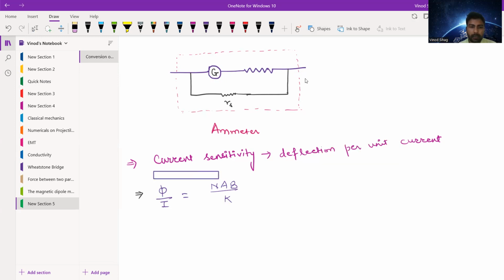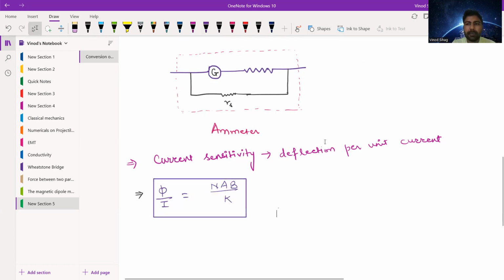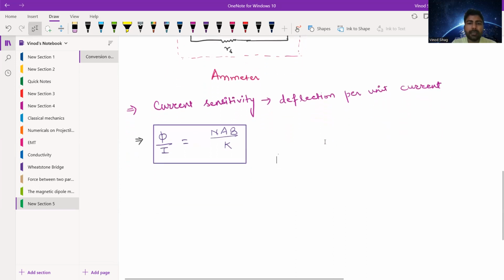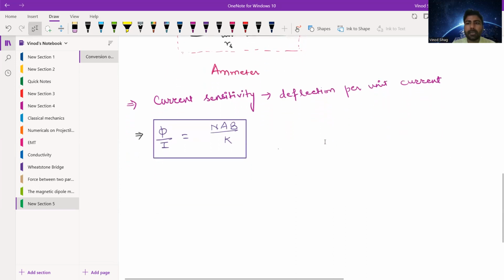While manufacturing this galvanometer as an ammeter, the manufacturer will decide that the current sensitivity should be high, and he can increase the current sensitivity by just increasing the number of turns.